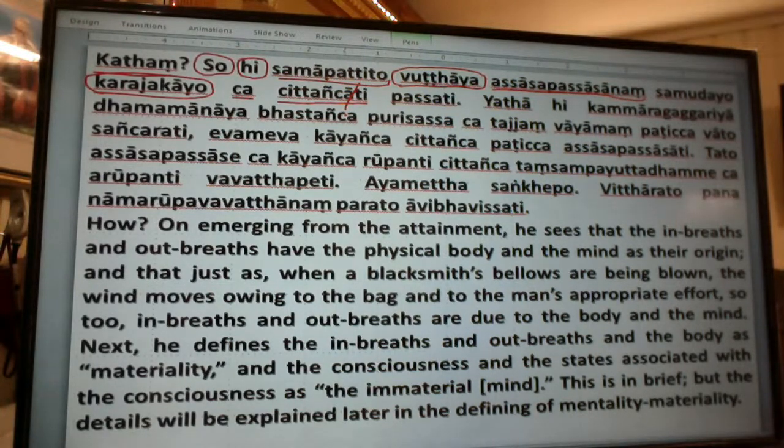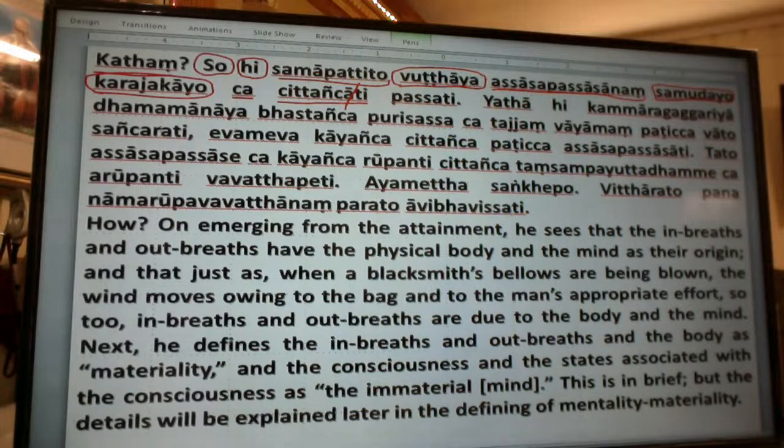These two dhammas are the cause, samudaya, of assasa-passasa, the in-breath and out-breath. Samudaya is cause. Here samudaya is sam plus udaya; udaya is coming out because of the cause.